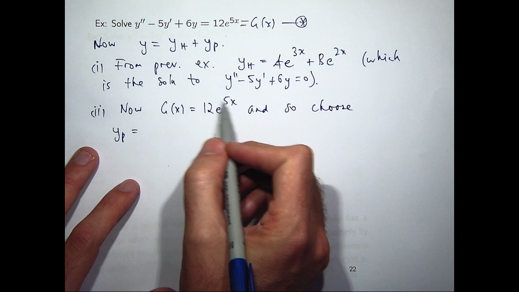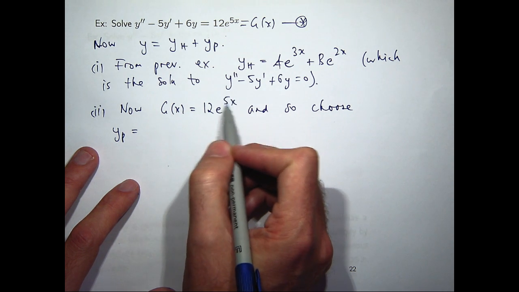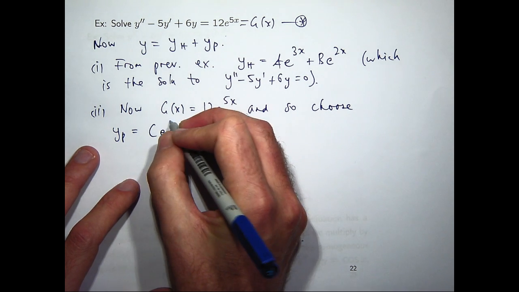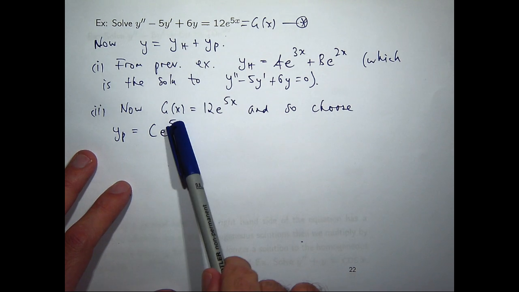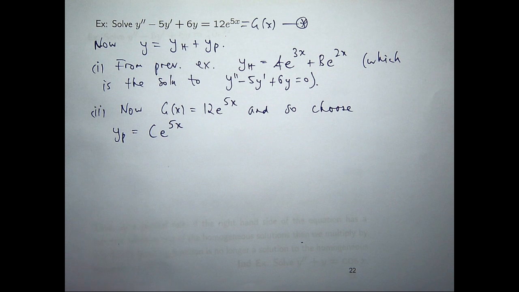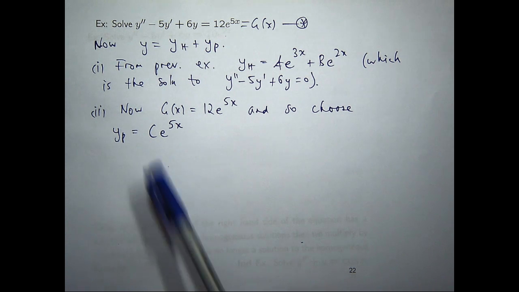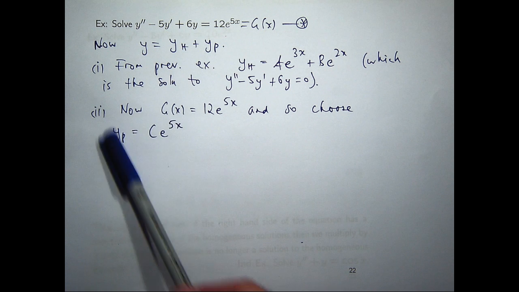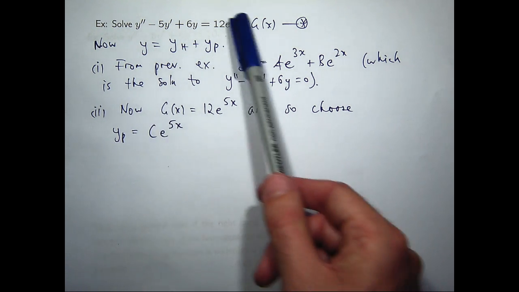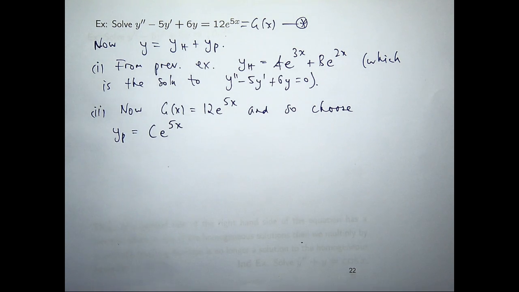So I'm going to keep the 5x, but just have a constant times e to the 5x. You want to keep the 5x, but just have an arbitrary constant at the front. So in this second step, I would like to determine the value of c, such that this constructed particular solution will satisfy the original equation.